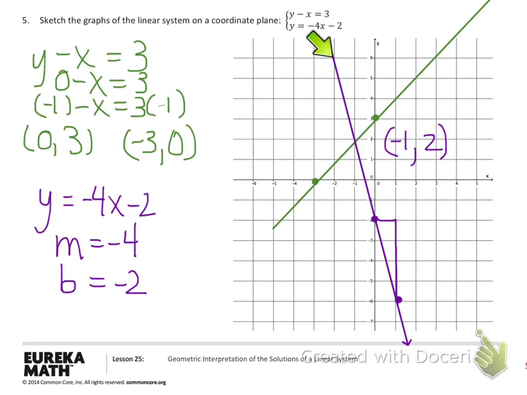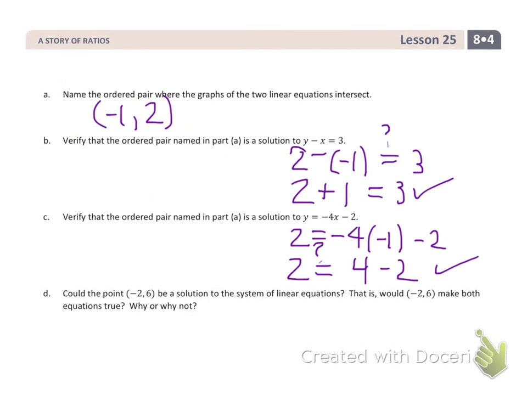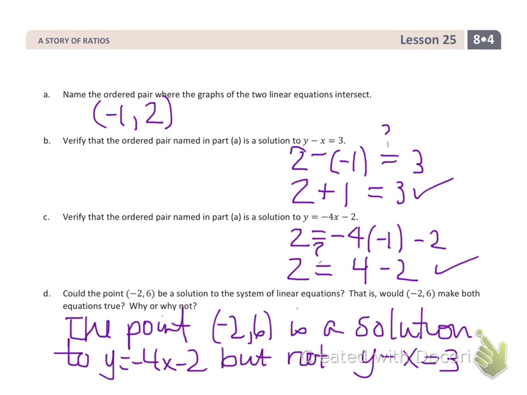So it looks like it's a solution to y equals -4x minus 2, but it's not on the graph of y minus x equals 3. Okay, so once again, you can write something to the effect of this. The point -2, 6 is a solution to y equals -4x minus 2, but not to y minus x equals 3.